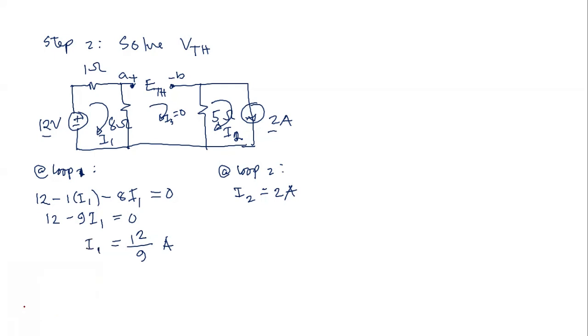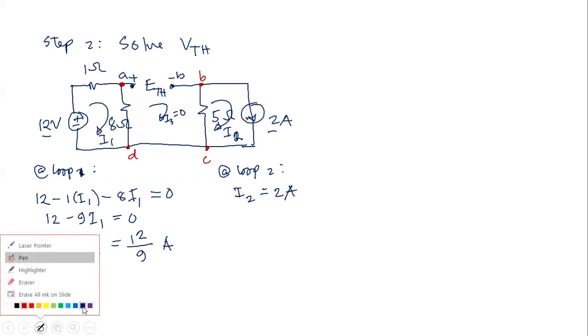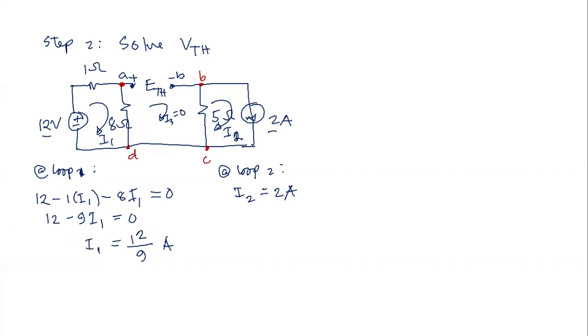Now, if we have this node as A, this one as B, then this is C and D. Okay, and then if you write the equation, so KVL at loop A, B, C, D, A, assuming in a clockwise direction.